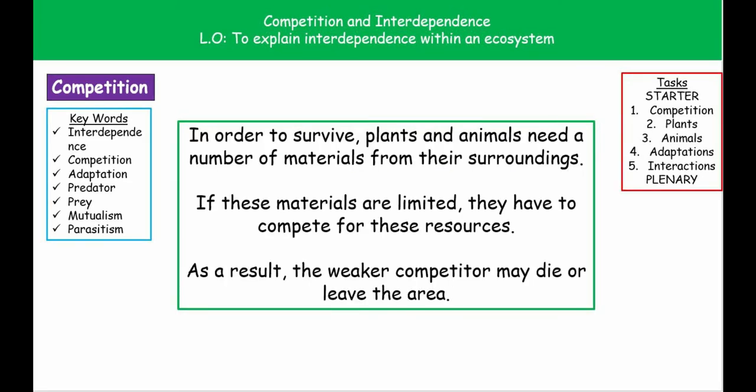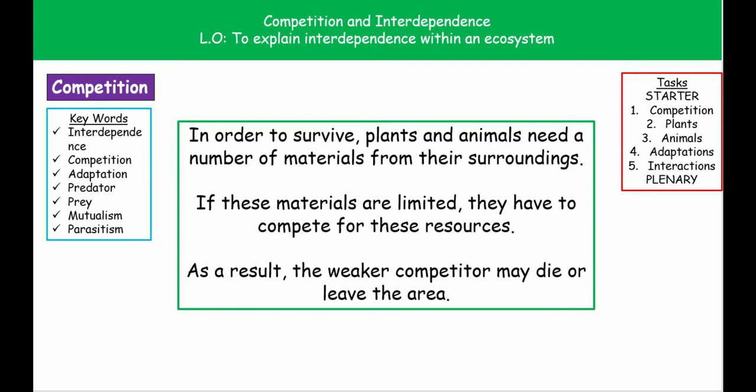When we're thinking about competition in biology, we're looking at what our plants and animals are actually competing against each other for. So what are they actually fighting it out over? Now, in order to survive, our plants and animals are going to need a number of materials from their surroundings. And what we find is that if something is in limited supply, then they've got to compete for those resources.